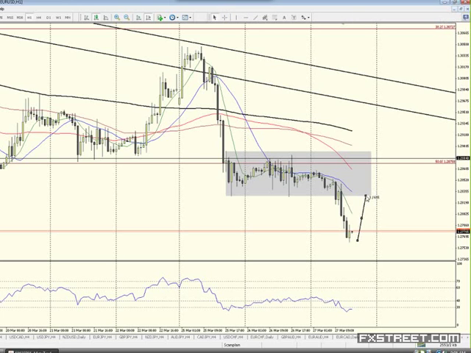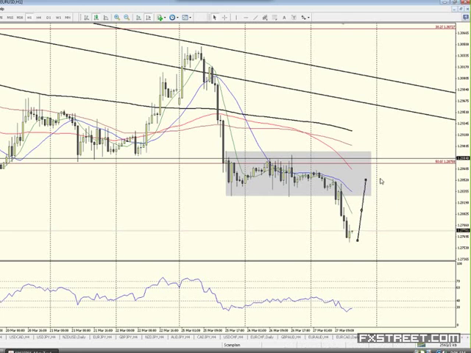Yes, the position is open. I do have a position open, and I didn't move up my stop just yet, so I'm just waiting for further development here. But if there's a pullback, I would anticipate some resistance here at the previous support.